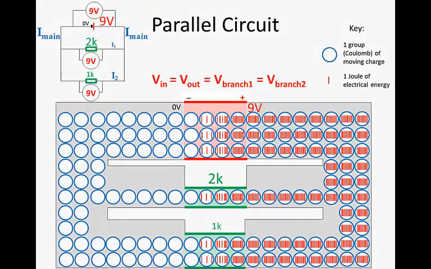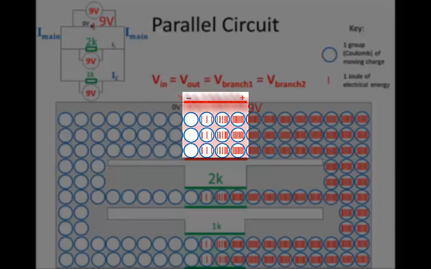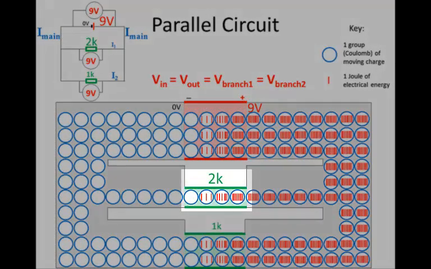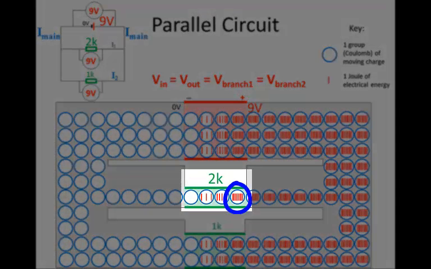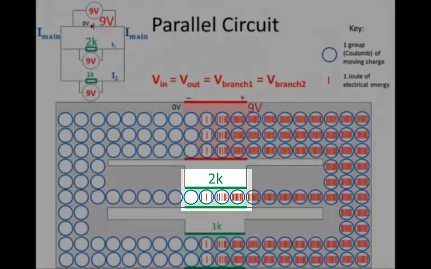In that case, the meaning of that 9 volt is that the cell gives 9 volts. If we measure the voltage across the 2K resistor, the voltmeter measures 9 volt at the start of the resistor and 0 volt at the end. And then it subtracts the 2. 9 minus 0 equals 9 volt.